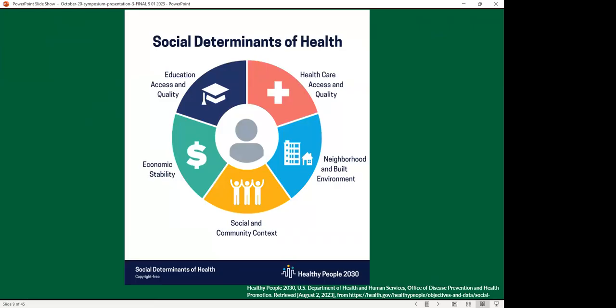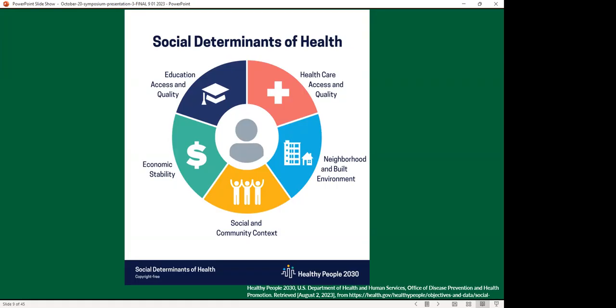Now to the social determinants of care, and perhaps you have seen this diagram before about the 5 pillars of social determinants of care and what they mean. We're going to take a deep dive into each and every one of them.